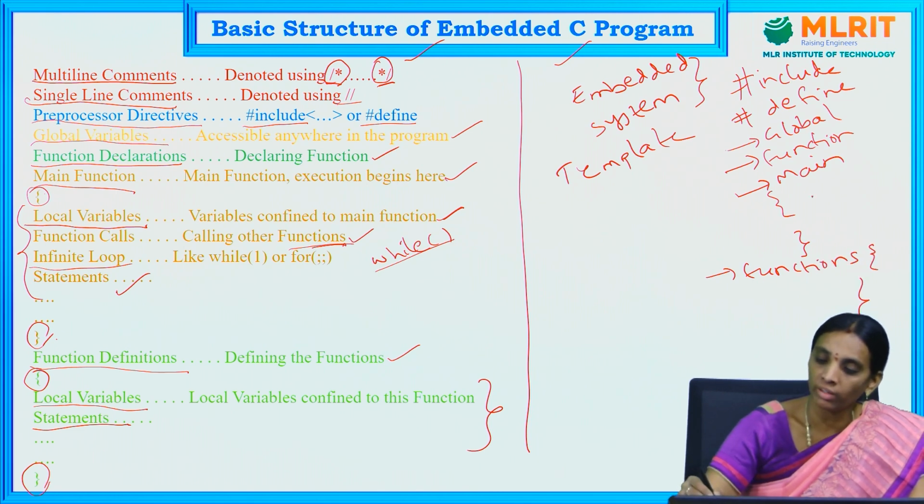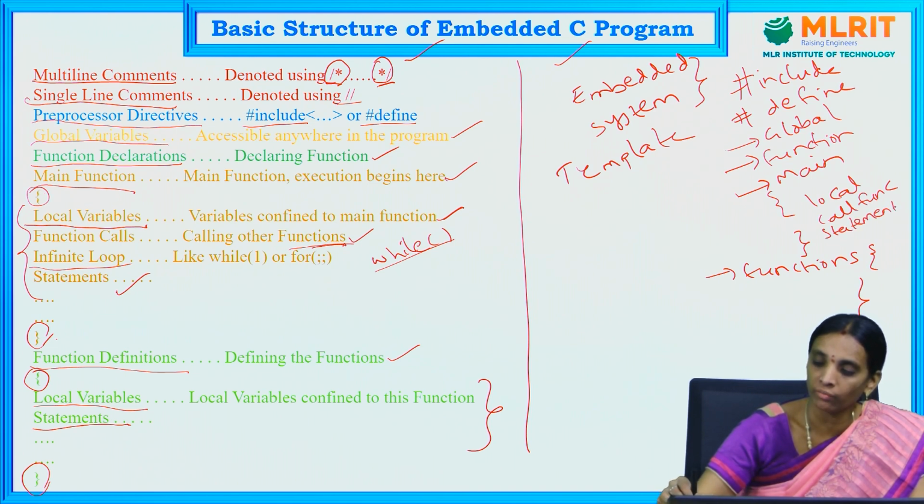So in the main function, we need to declare the local variables first and we need to call the functions. And we need to write the statements which are used for defining our application.